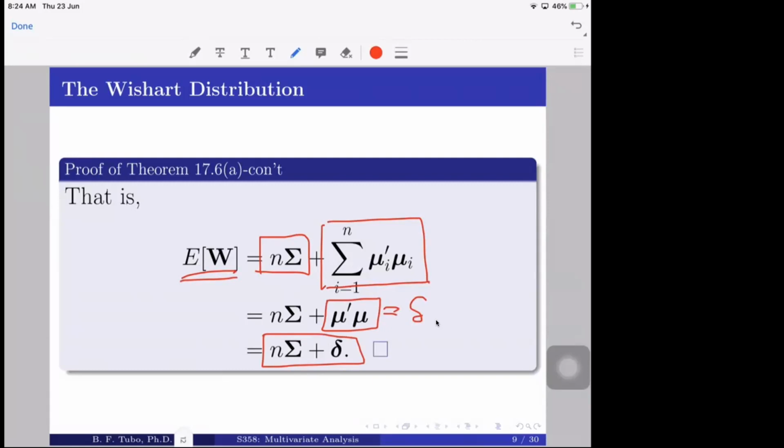So if you recall, if x is just chi-square distributed, what will be the expected value of x? N po. What is n? Degrees of freedom, ma'am.